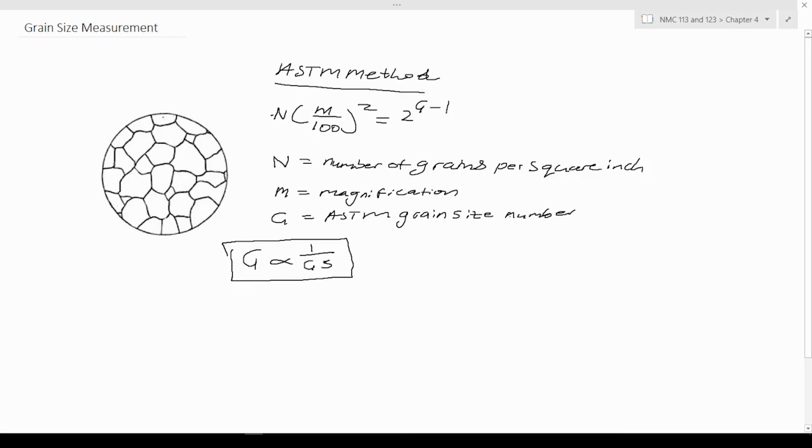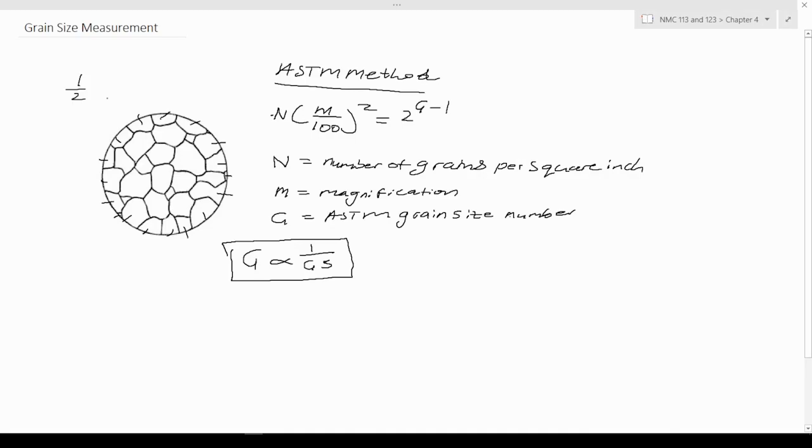The grains at the periphery, the ones that span the circumference, all of them are considered to be half grains, right? So when you're counting the number of grains, these ones at the periphery, spanning the circumference, will be considered as half grains.